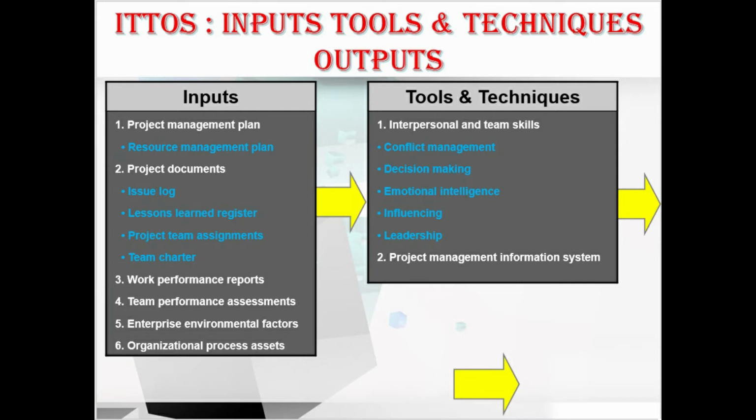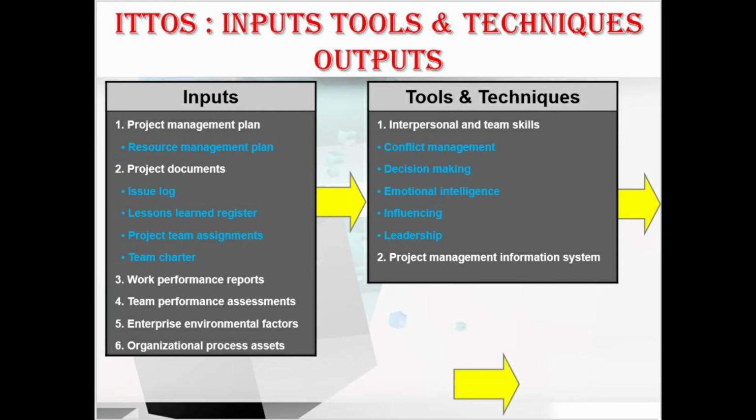In tools and techniques, we have interpersonal and team skills, which consist of conflict management, decision making, emotional intelligence, influencing and leadership. We also have the PMIS, that is project management information system.